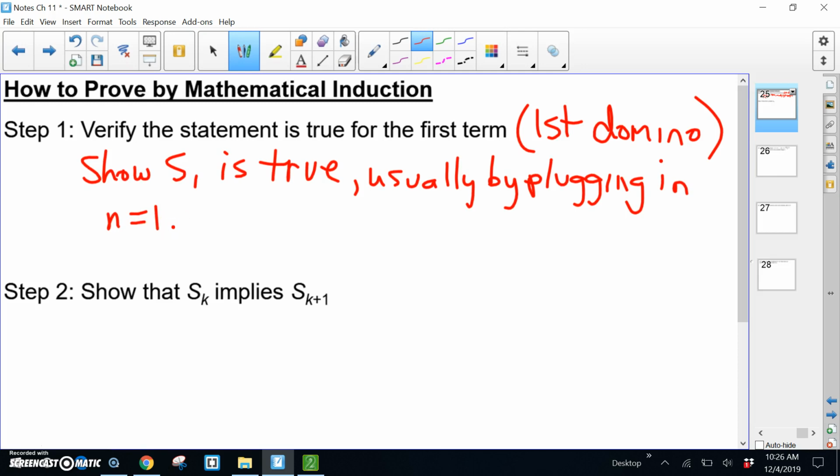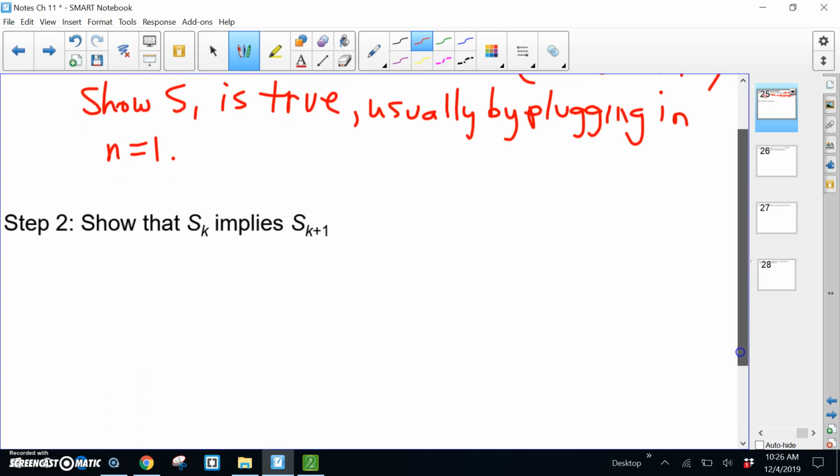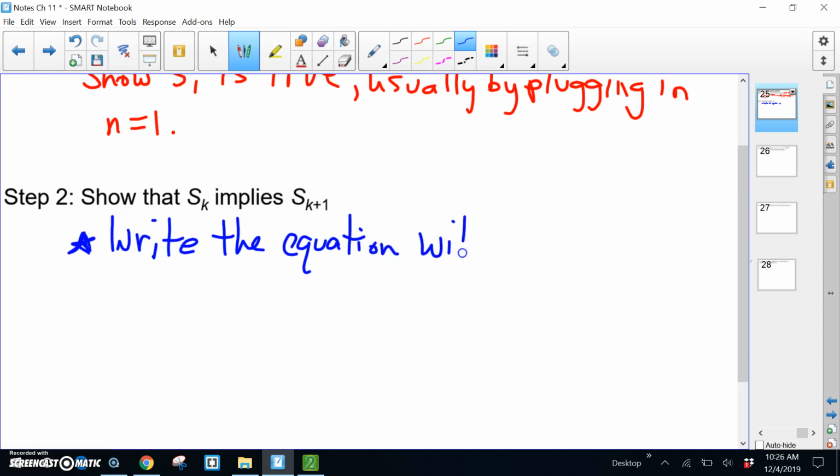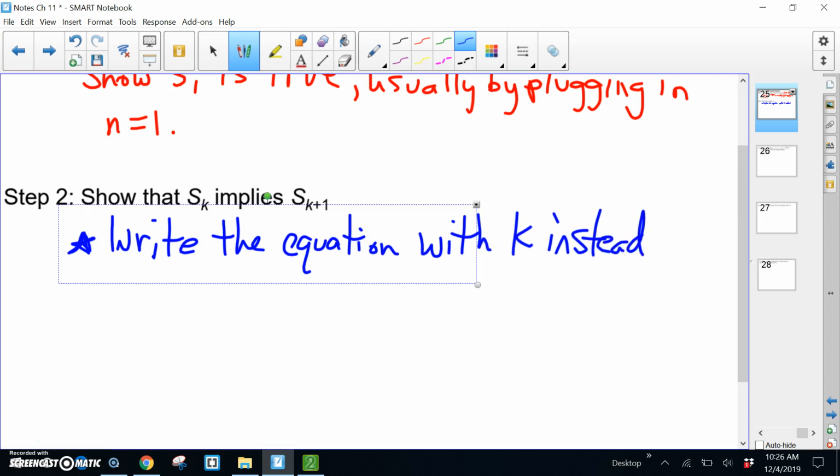Step 2 is going to be the hard step. Okay? Show that Sk implies Sk plus 1. Generally, what's going to happen there is you're going to write the equation or the statement with k instead of n. And k is supposed to stand for some number.